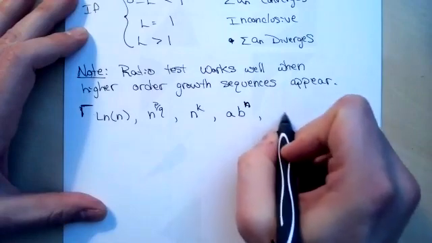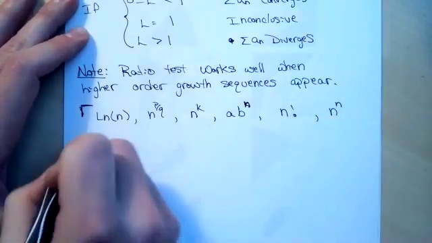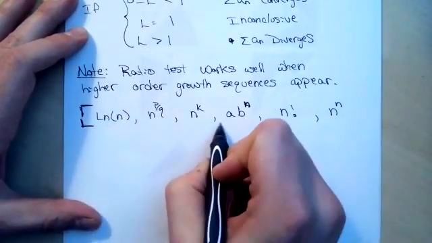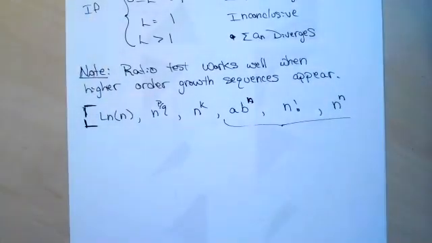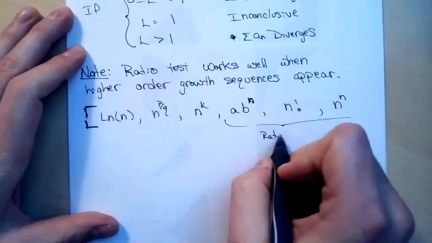And then we've got factorial growth, and then beyond. So if you see anything that is geometric growth or beyond geometric growth, factorial growth, or n to the n type growth, ratio tests are good for these guys.